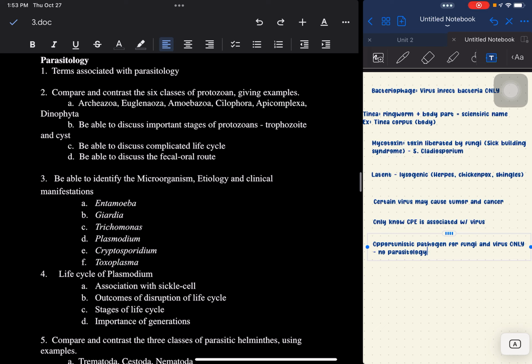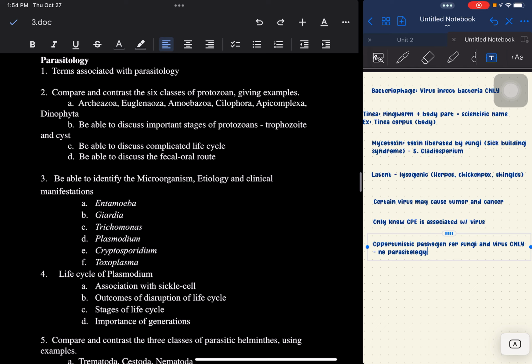If you think about it for a moment, the viruses we talked about were influenza, COVID, and arboviruses: Zika, West Nile, and dengue fever. We talked about herpes, HIV and AIDS.